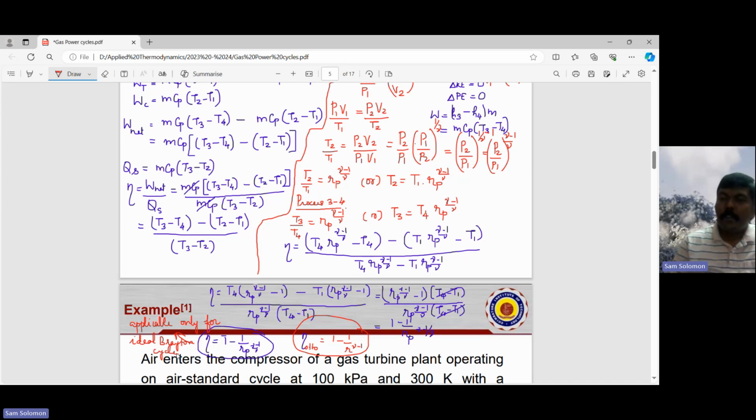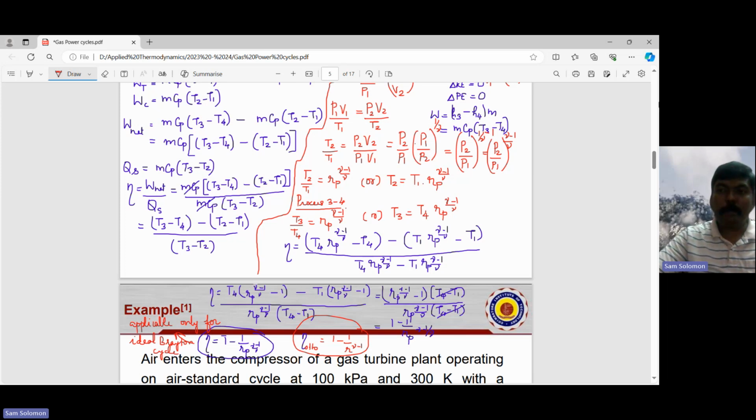If processes 1-2 and 3-4 have an isentropic efficiency of the compressor or isentropic efficiency of the turbine, then this equation is not applicable when there is irreversibility mentioned in the problem. If there is irreversibility in your gas turbine, that is your Brayton cycle, then this equation cannot be applied for that scenario.